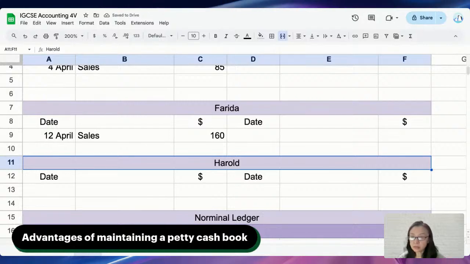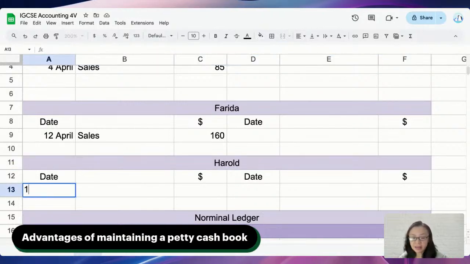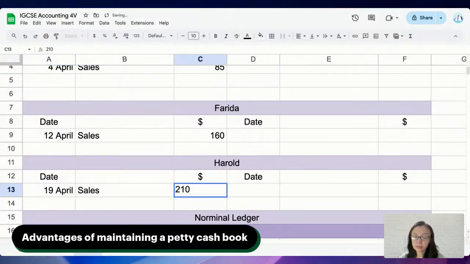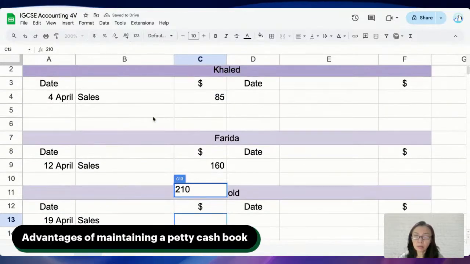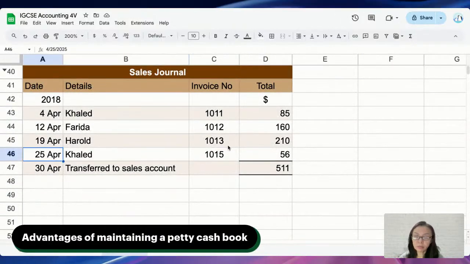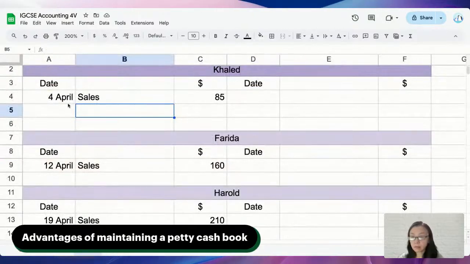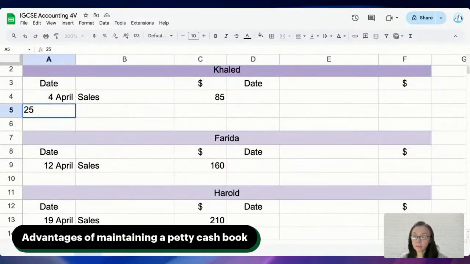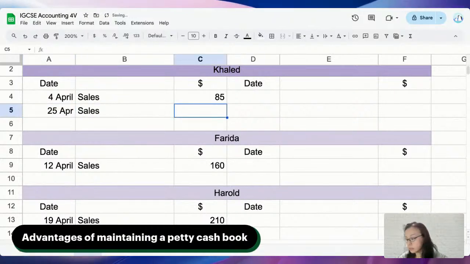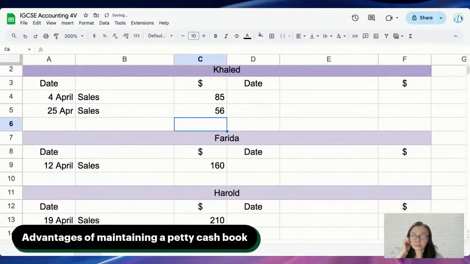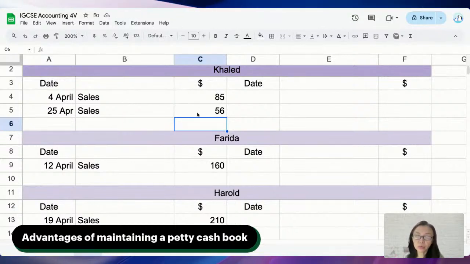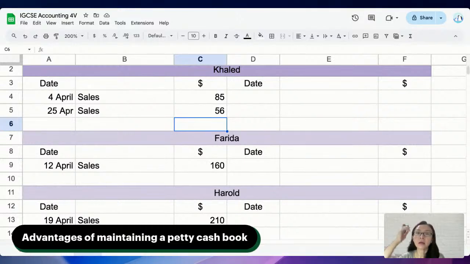And the second last, 19th of April, sales, 210. And then the next transaction, 25th of April, sales, 56.